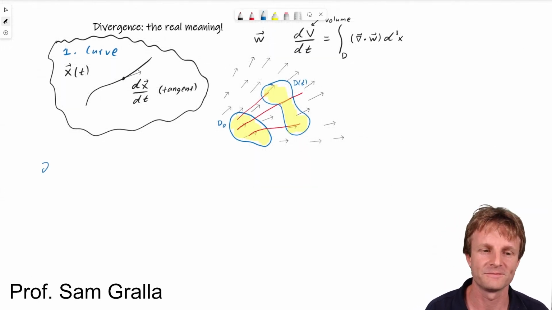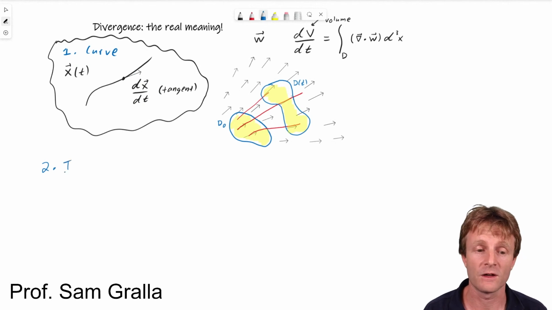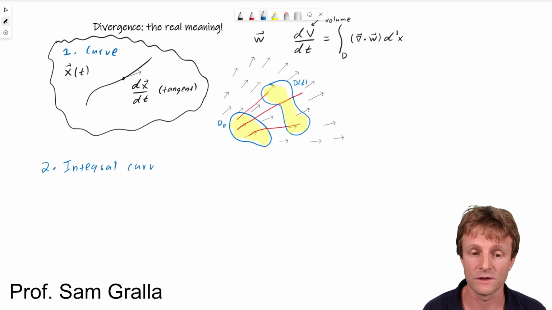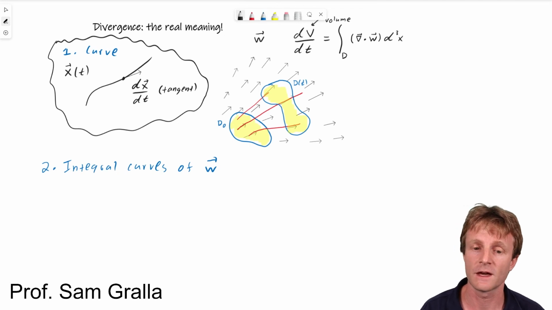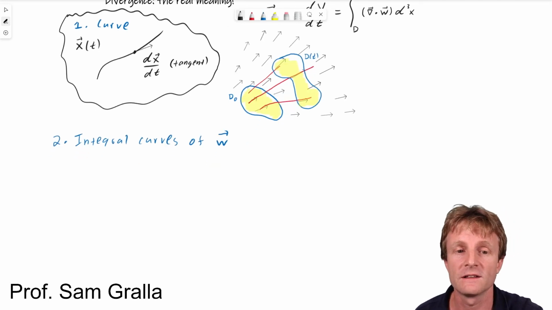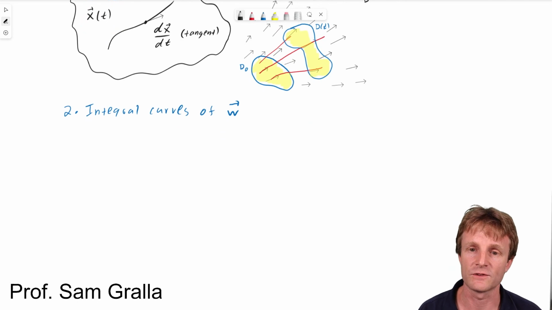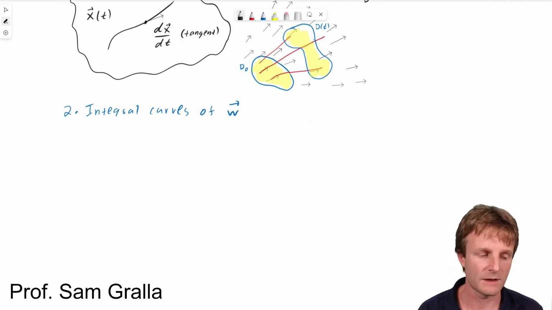Step 2. Now we need to talk about what's known as the integral curves of a vector field. So I'll just call it W. That's our vector field. Okay? So let's go ahead and do the integral curves of a vector field. So now let me draw a vector field again. Let's just get a smaller one here.